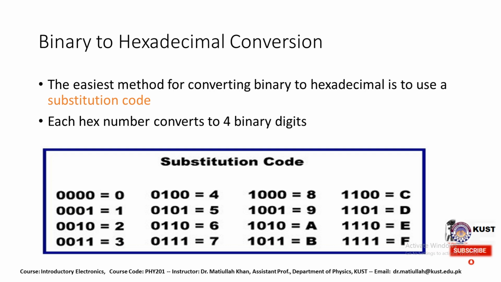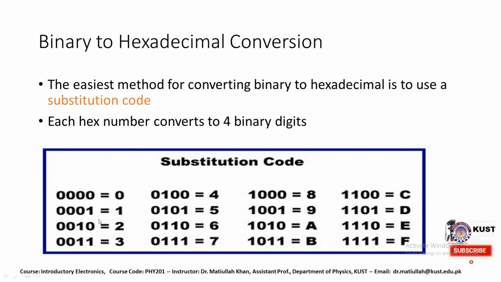Just like 4 times 0 is equal to 0, or 4 times like this. We have a substitution code that is mentioned in this table, and each digit in the hexadecimal has its binary equivalent. Like for the 0 in the hexadecimal, the binary equivalent is 4 times 0.